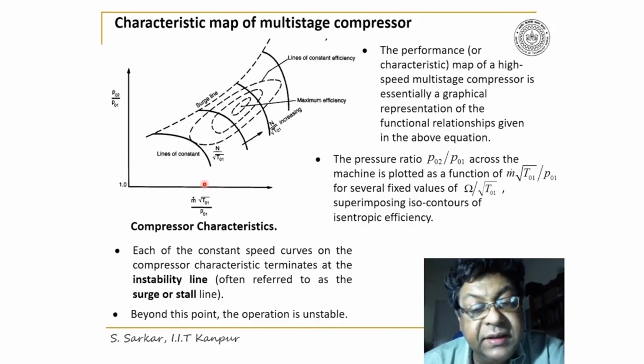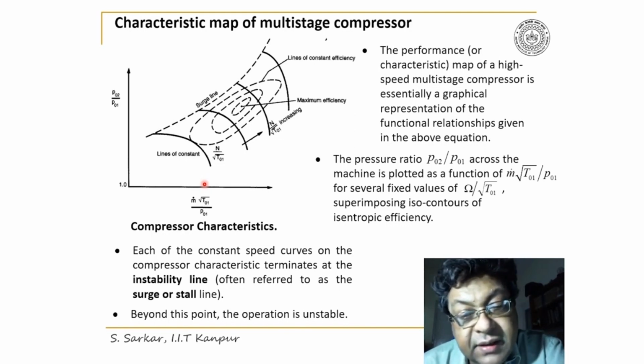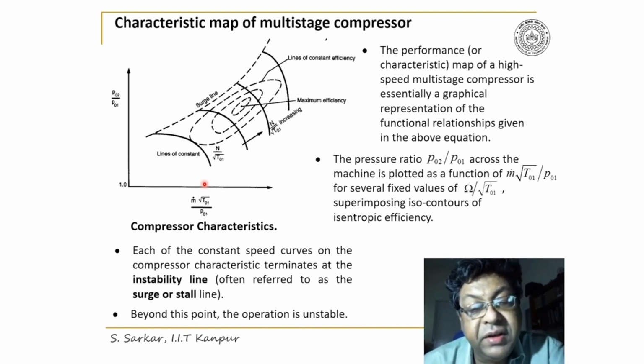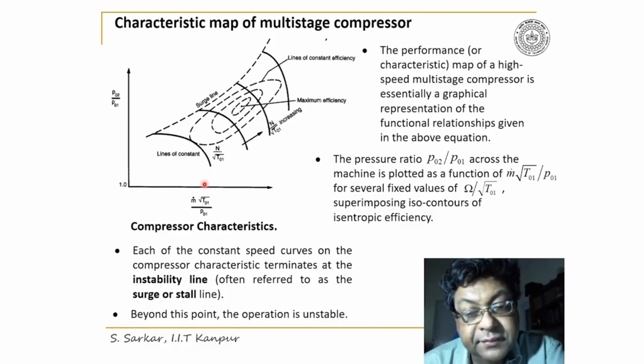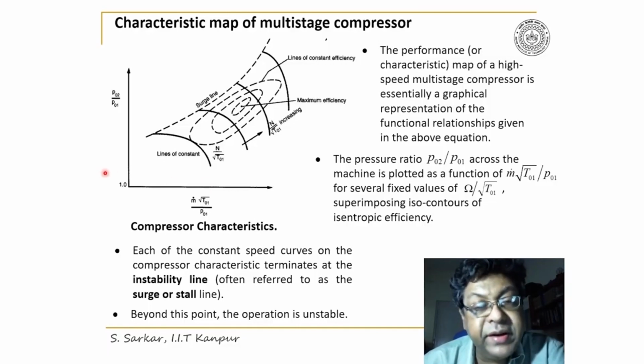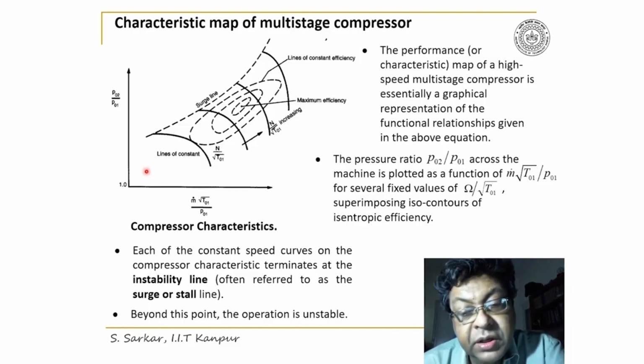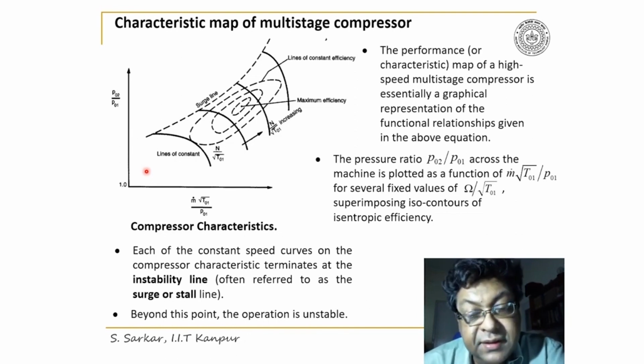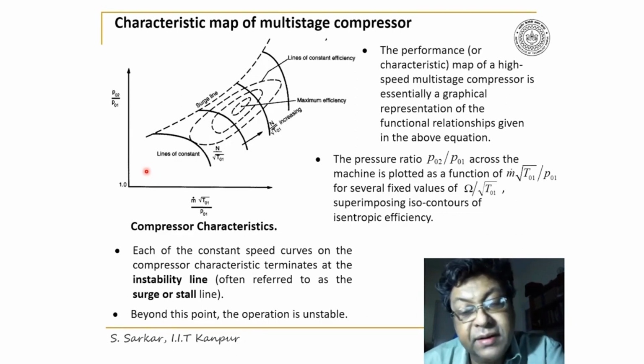At this condition, the Mach number across a section of the machine becomes unity and the flow is called choked. Furthermore, a discussion regarding stall and surge appears necessary, which will be made later.